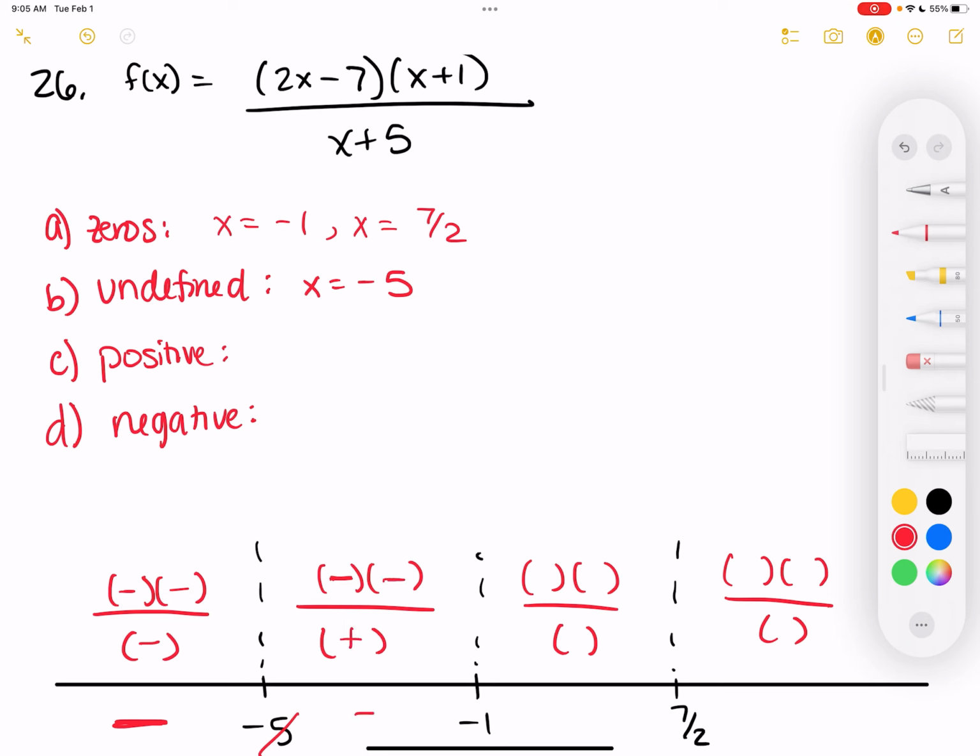So that's going to give me out positive. Negative, positive. It's going to give me out a negative. Here you can use 4. So positive. So it's going to give me out a positive.